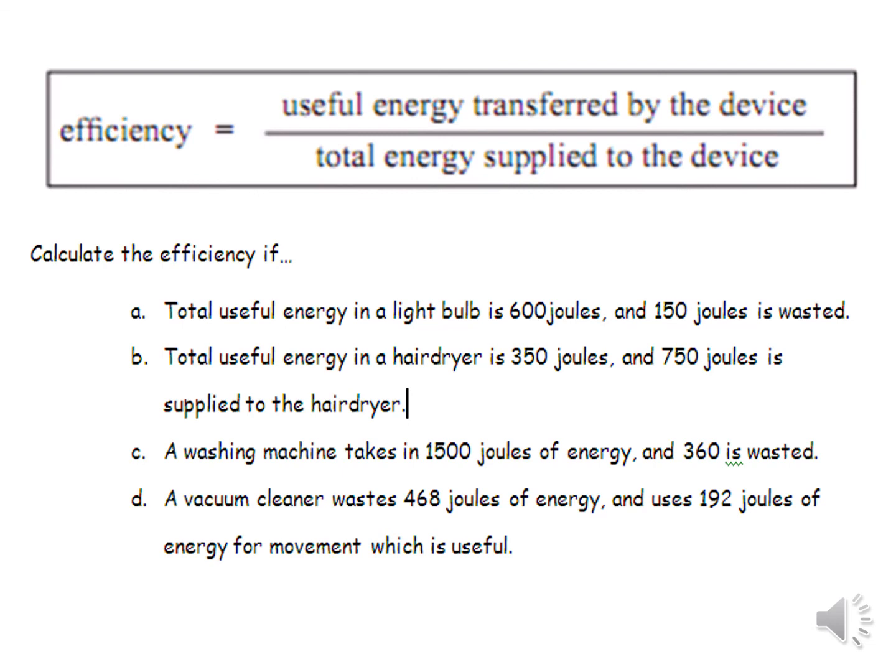I just want you to write A, B, C and D to show your working, and eventually to write your answer as a percentage. If you're struggling, rewind this video so that you can go back and look at the example I've just been through. But at the end of this lesson, I expect to see 4 answers to these 4 questions written on your pieces of paper.